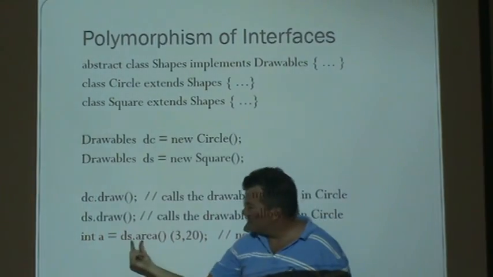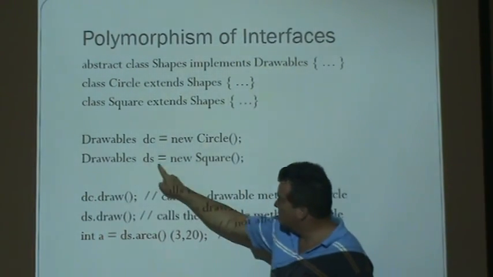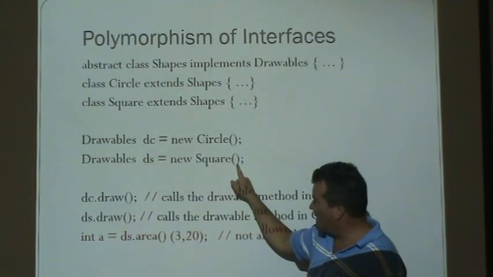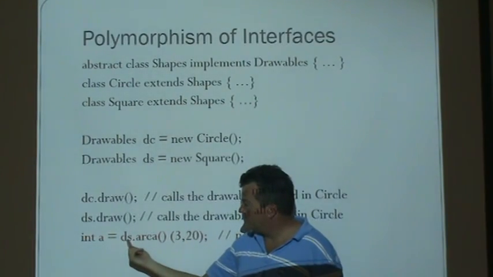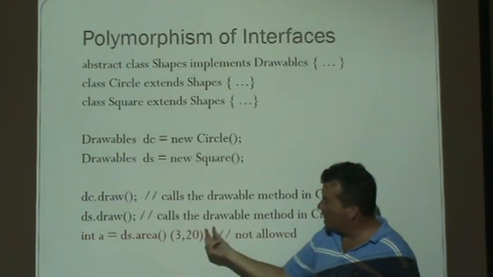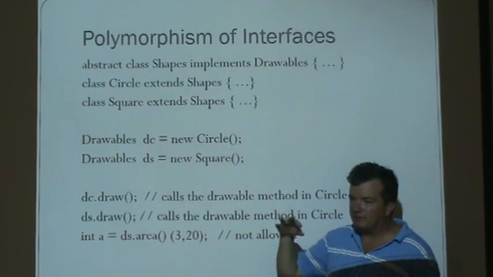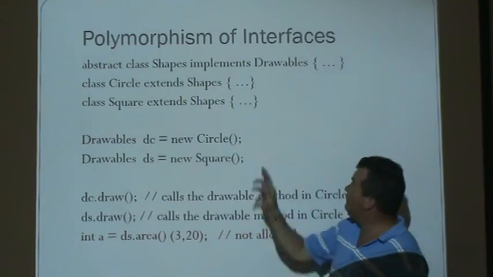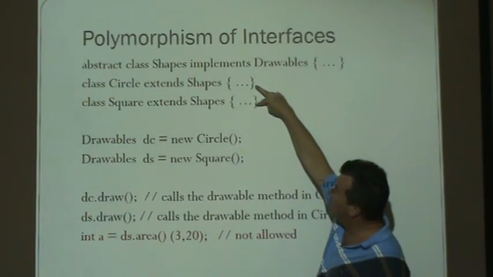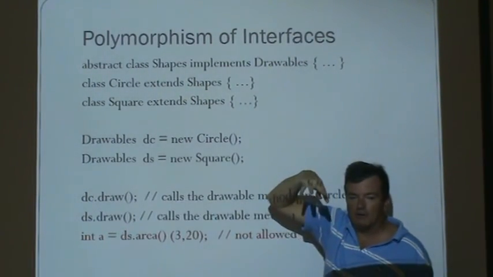So right now, the variable ds, which happens to be pointing to a square, the compiler would not know if this object is pointing to something that has a function called area. Because it would know if it was listed up here, then it would be forced to be here, and then you could call it.